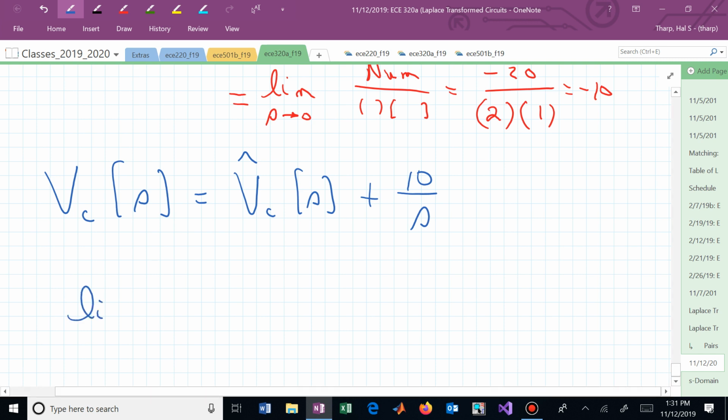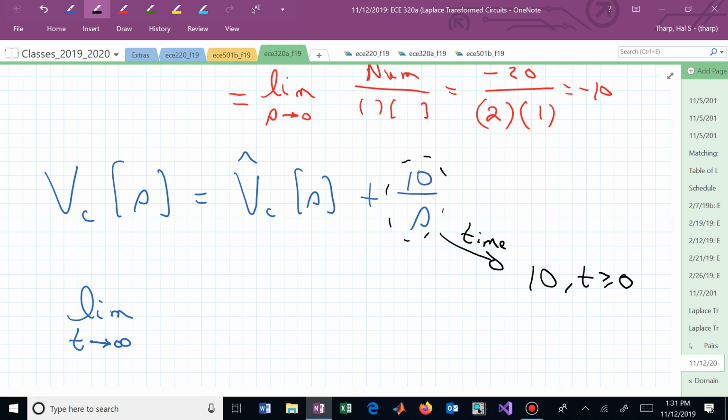So we now have looked at the limit as t goes to infinity. Because what happens to this term in the time domain? What's the inverse Laplace transform of 10 over s? And V sub c hat went to minus 10 in the limit.